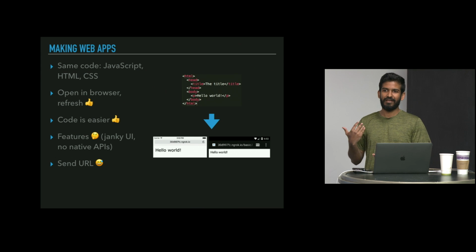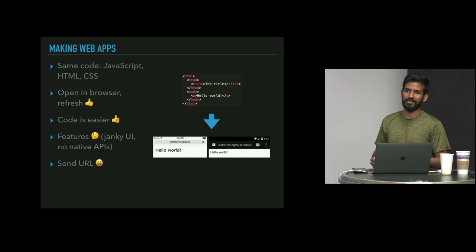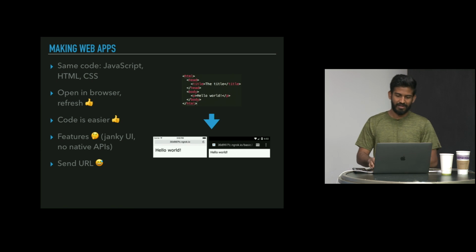If you wanted something like streaming a live camera view onto a rotating cube in a video game or something, I don't know if you can do that. You can actually do that in Expo now. But yeah, the sharing model is super great though. You can just send someone a URL and they just see it, and if they refresh, they get the new code. And if you change your code in between, they'll get the update.